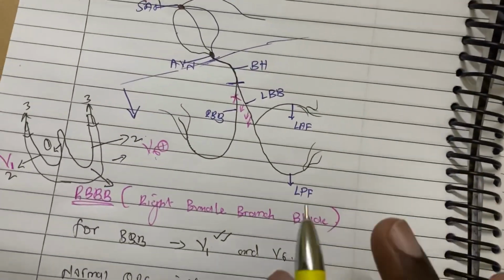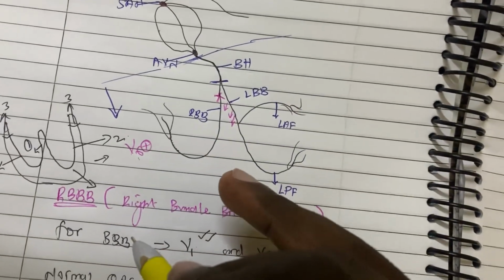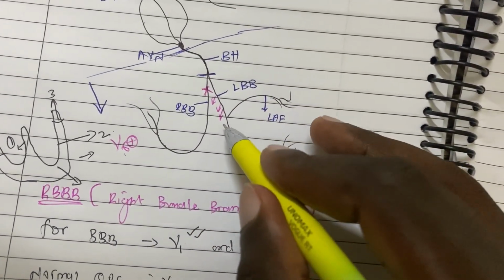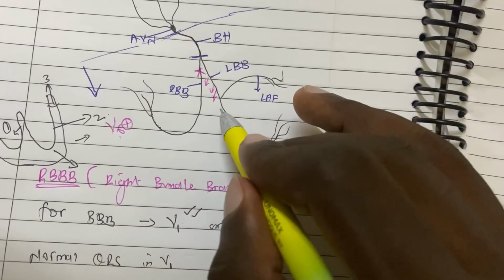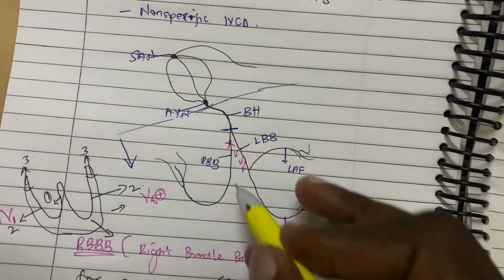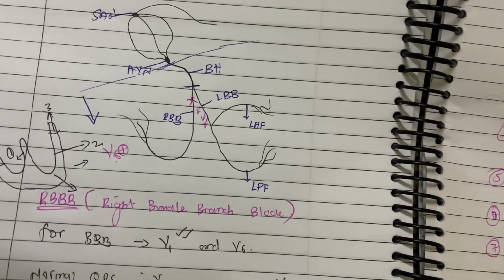Now what happens to phase 2? In 2, since this one is blocked, and this one is going towards the other side in the normal conduction system. Normal conduction system is capable of faster conduction, and once one is blocked, faster conduction is blocked towards that side.